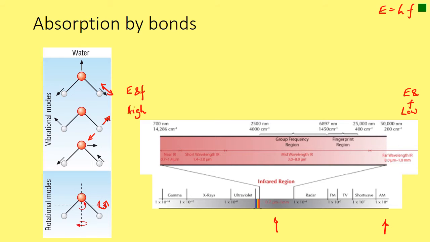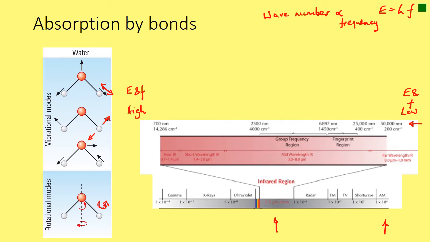Now, as it happens, when we look at infrared spectra, we use a measure called wave number, and wave number is proportional to, so let's just write this down here, wave number, and it's sort of like wavelength. In fact, it's the reciprocal of wavelength. It's proportional to frequency, and as you can see, this scale here is in fact frequency.